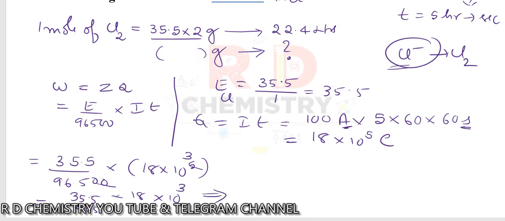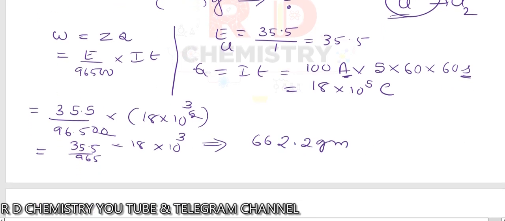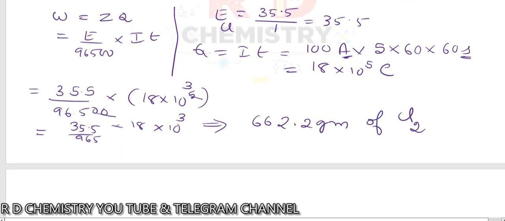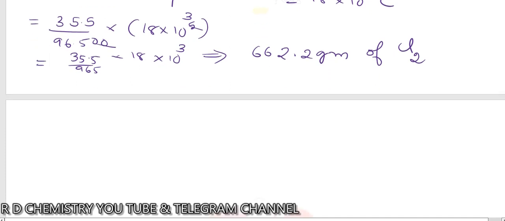This is equivalent to 662.2 grams of chlorine. So that many grams of chlorine will be liberated.